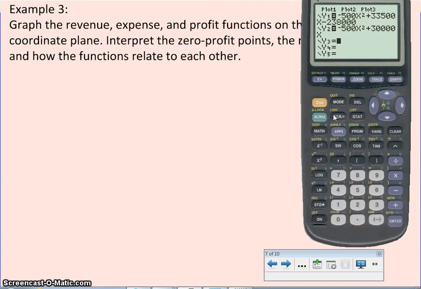That's the second equation. Third equation is our expense equation, which is going to be the negative 3,500 times x plus the 238,000.